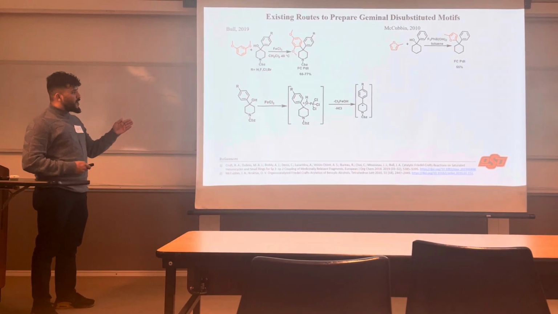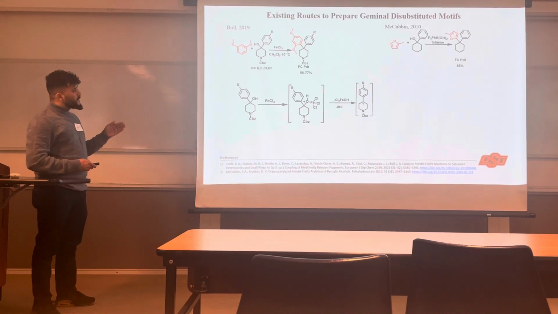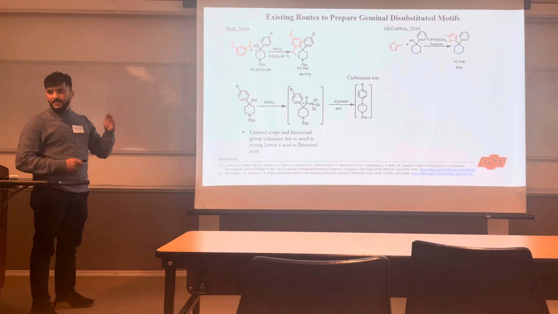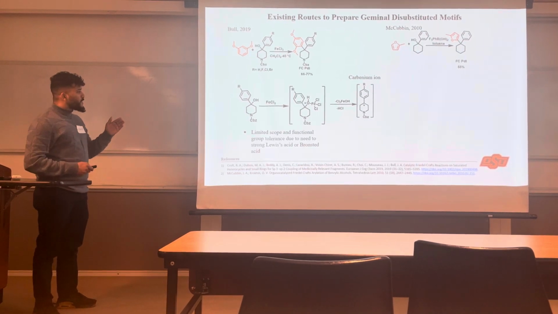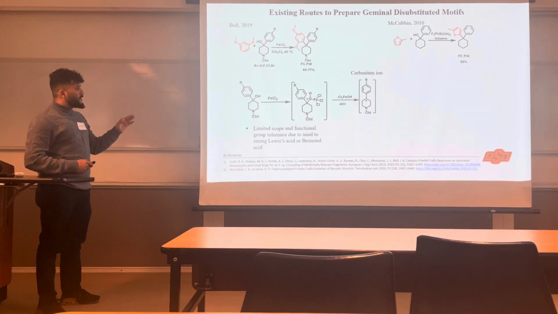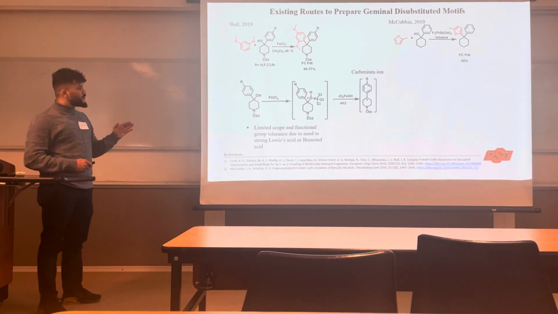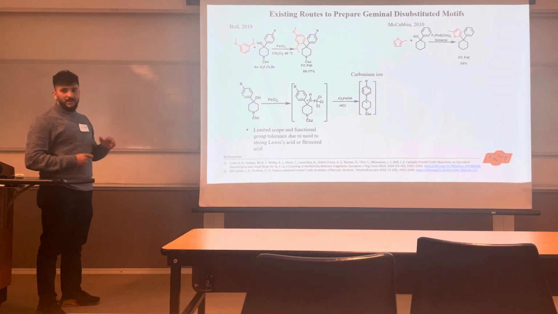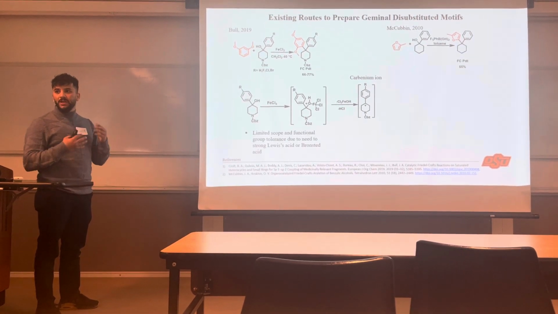Once the carbon-oxygen bond breaks, this leads to the formation of the carbenium species. One interesting thing to point out is that you need a very strong acid to help form this carbenium species. This has caused the functional group tolerance to be limited.